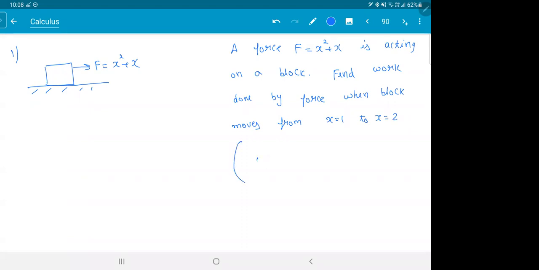So the work done formula is given by integral f dx. It's actually f bar dot dr bar, but we'll see that later on. You just have to put the f in this formula and solve. Like as such, the integrations are quite easy. You should just know how to apply them.